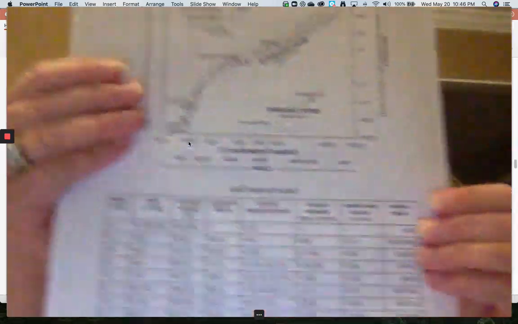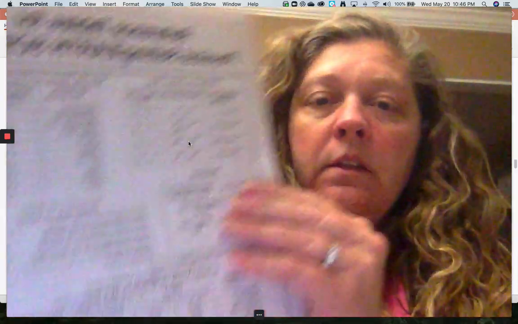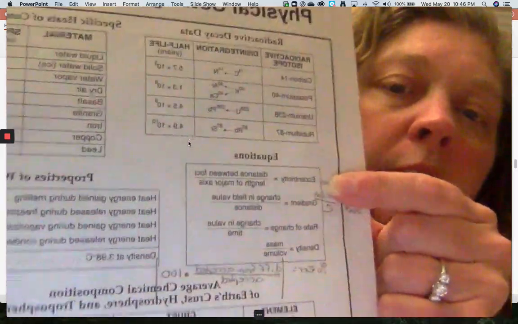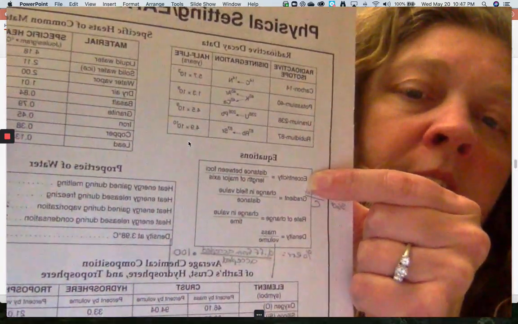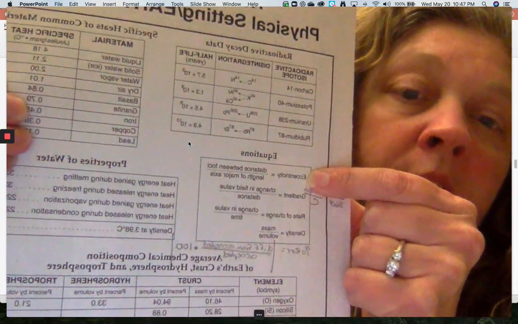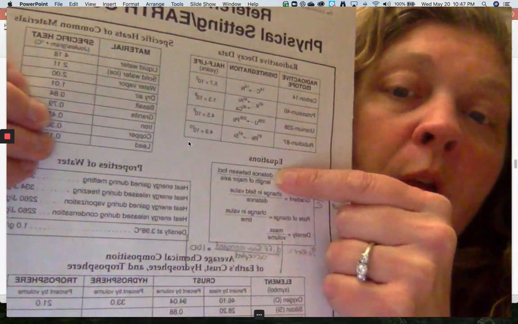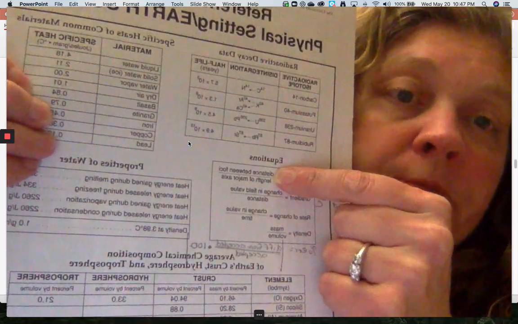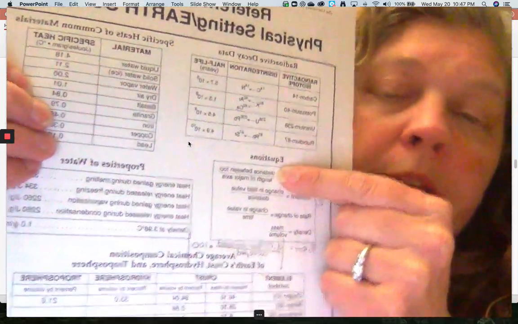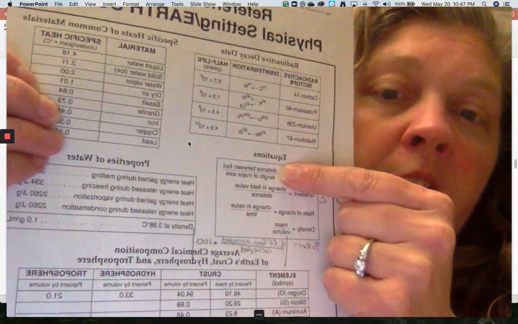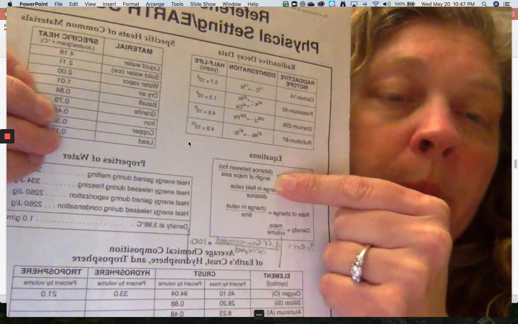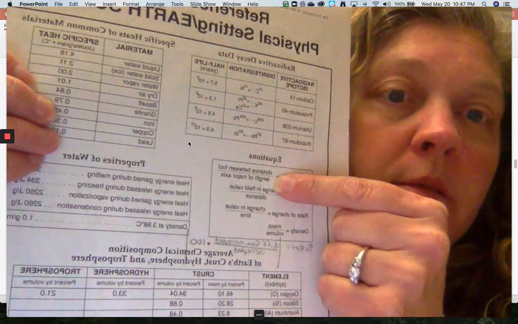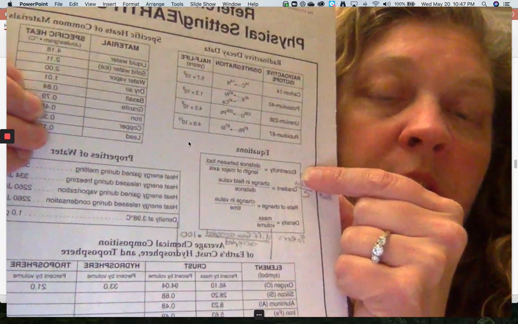Okay. And eccentricity is actually the last formula in your ESRT. Okay. The eccentricity of a planet's orbit is found by measuring the distance between the foci, and you're going to learn what those are in a few minutes, and dividing that by the length of the major axis. Okay, so that's the eccentricity. All right.